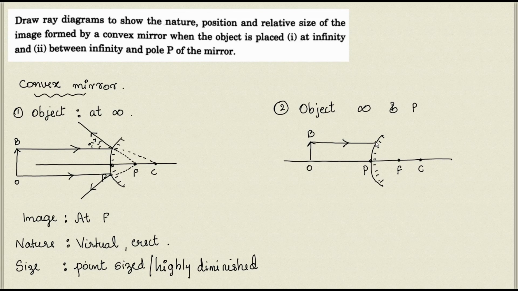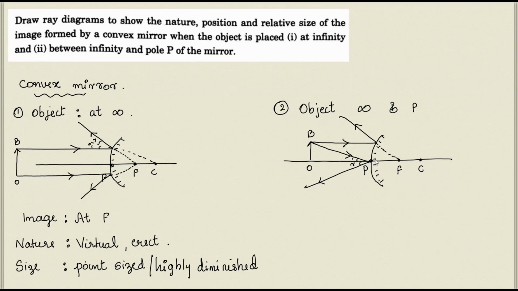After reflection, it will diverge out and it appears to come from the focus. That is the first ray. Second ray, you can choose any ray, no problem. So I am going to choose the ray which is falling at the pole of the mirror like this. Yes. So at an angle of incidence, it will get reflected back at an angle of reflection which is equal to the angle of incidence.